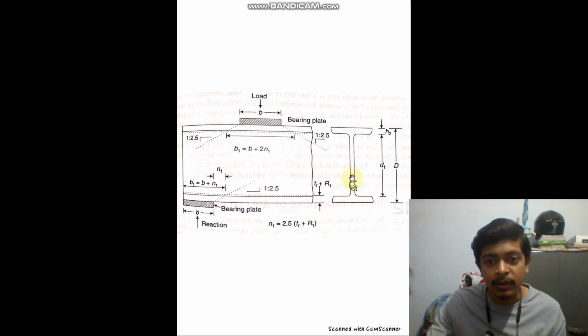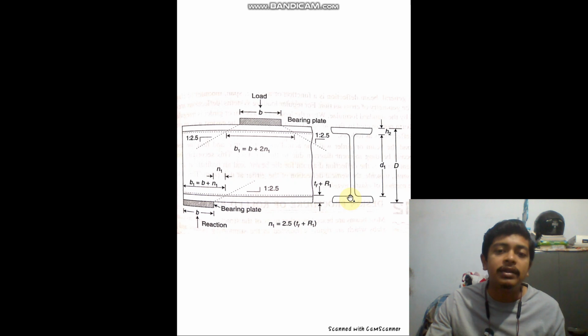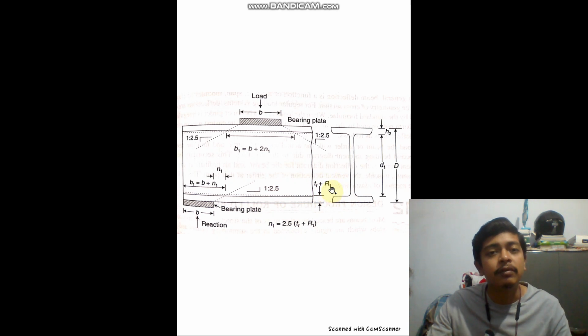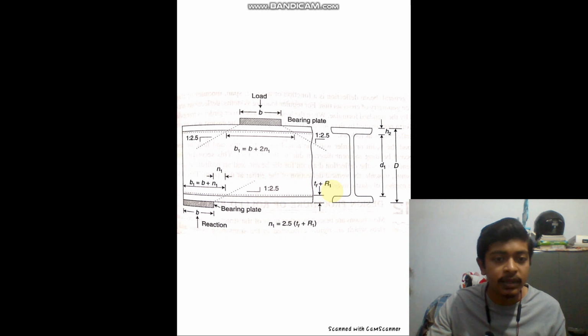So the width of the web actually starts somewhat above the flange, not exactly at the flange, due to this particular radius. This radius is represented as R1, and it is given already. You'll find it in the section properties of the beam that you are using.